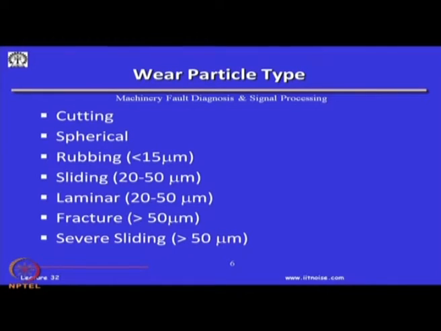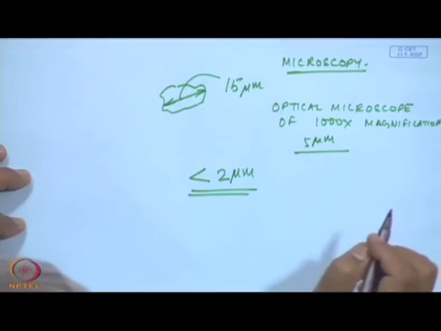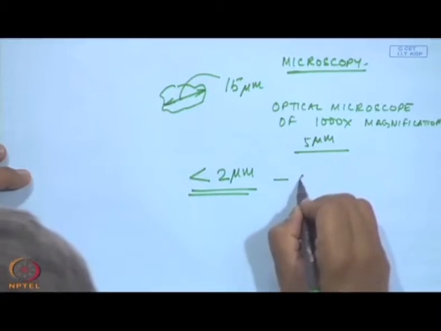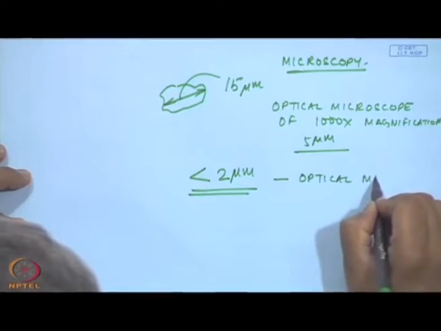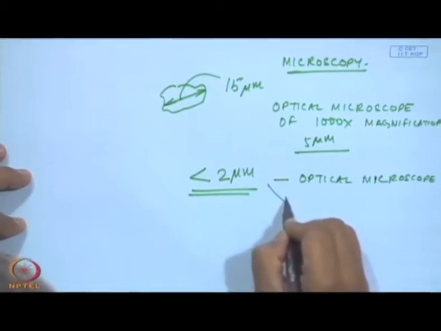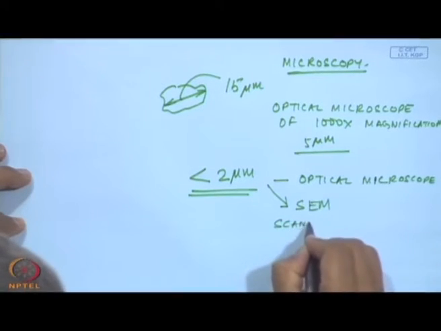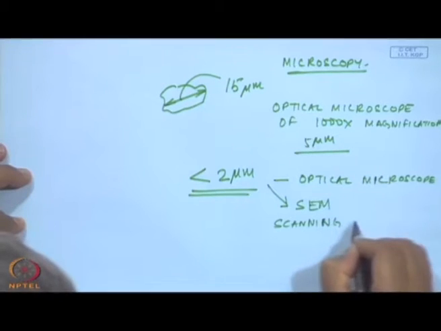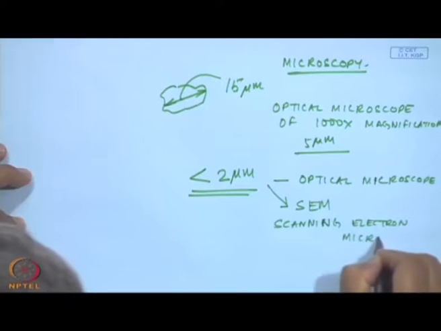But for the wear debris particles, to understand the chemical composition, we require the wear particles to be of the order of less than 2 microns, and this is not possible with optical microscopes. This has to be seen through an SEM, scanning electron microscope.